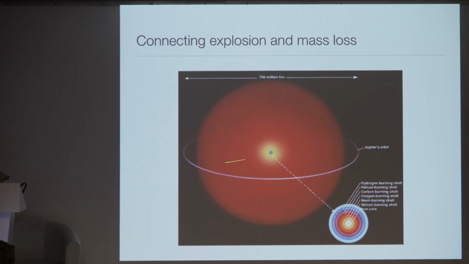So this mass loss is happening at the surface of the star, and the explosion of the supernova is triggered at the center, at an extremely different radius, and it's not usually connected to each other. Connecting the explosion and mass loss is an extremely difficult question, and we don't know exactly how this is happening.